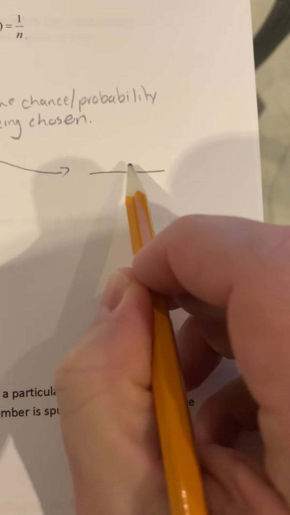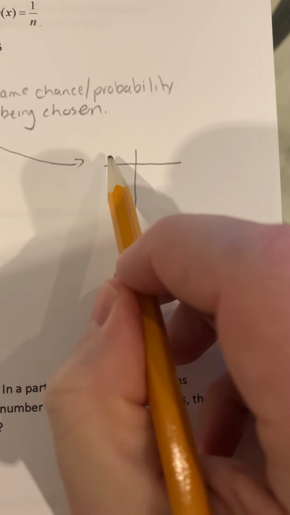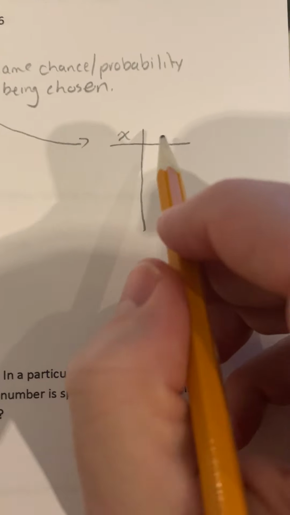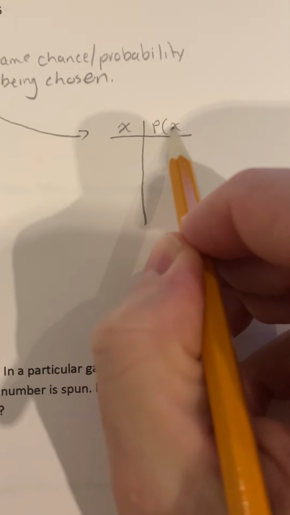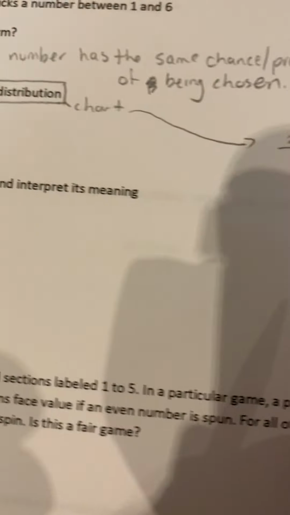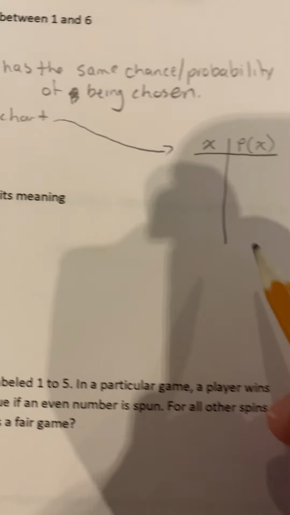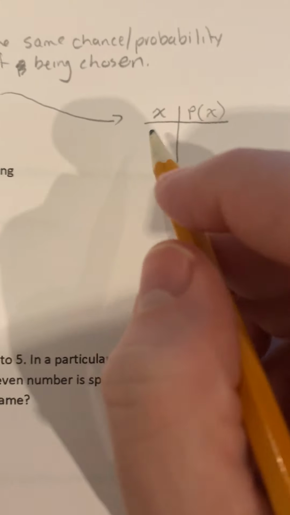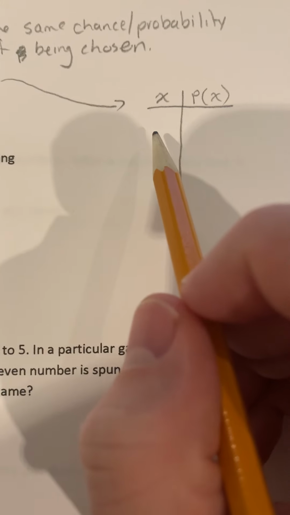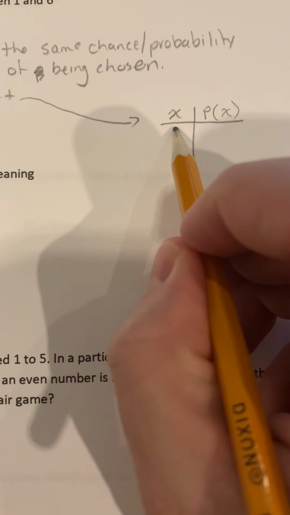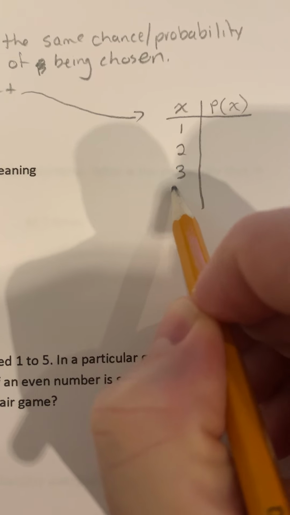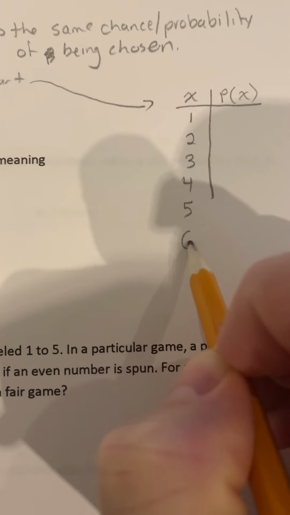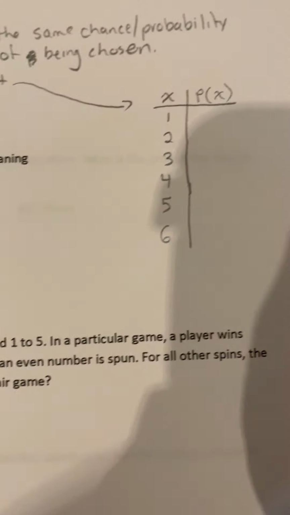The chart is the outcomes, which are X, and then the probability of each of the outcomes. The different outcomes if we're choosing a number between 1 and 6 would be 1, 2, 3, 4, 5, and 6.